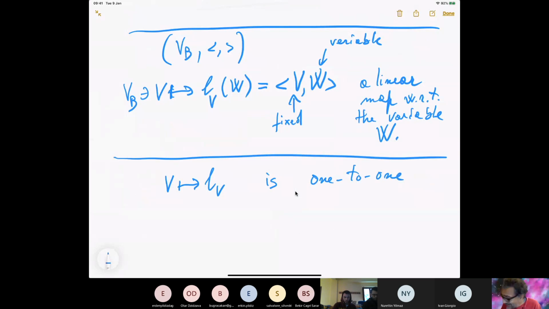Clearly, I don't need to prove, it is evident, it is independent of the basis.